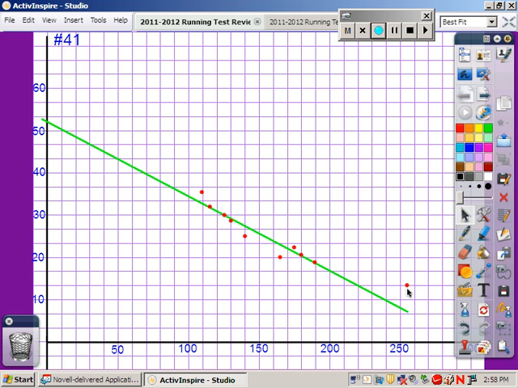Okay, part C says to locate the y-intercept and to find the slope. You're going to need to do that because you're going to have to write an equation from this. So locating the y-intercept is as easy as saying that it's right here where it touches the y-axis.